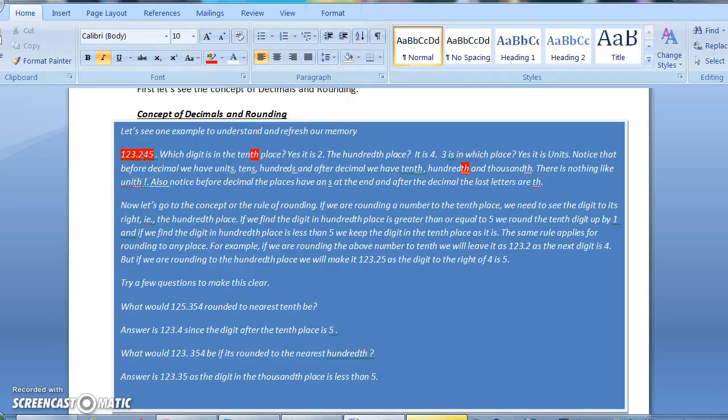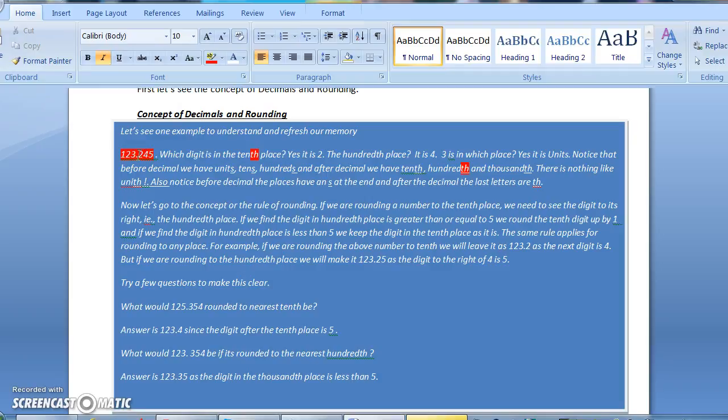If I'm rounding to the tenths, which is this digit, I look at the digit to the right, which is 4. The rule says if the digit to the right is less than 5, we do not touch it. So we round this whole number to 123.2 if we are rounding to the tenths.